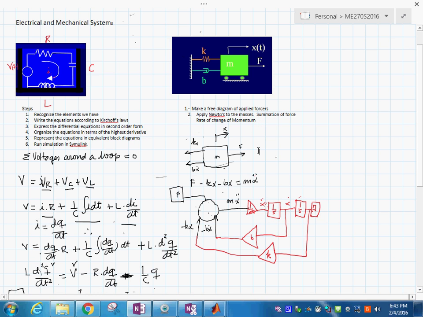Here we could just add: transform the equations into block diagrams, and then finally perform the simulation.